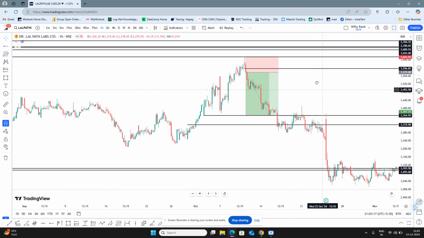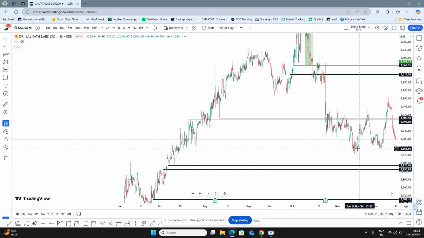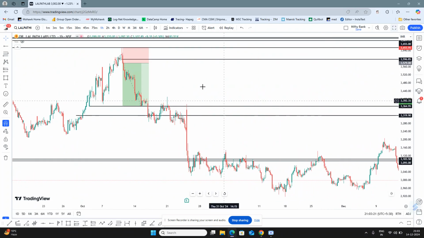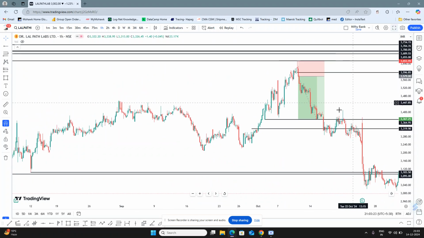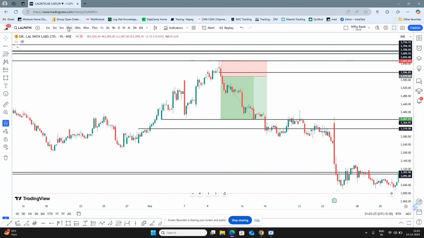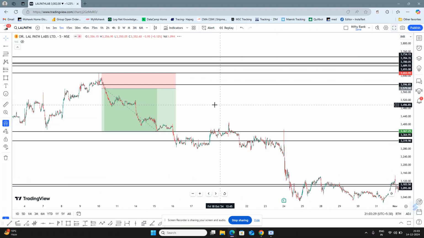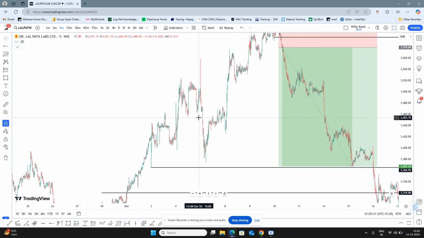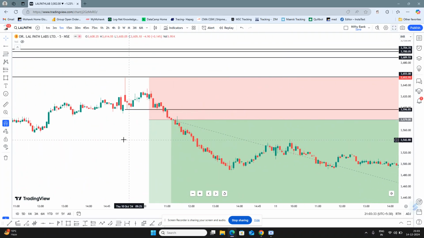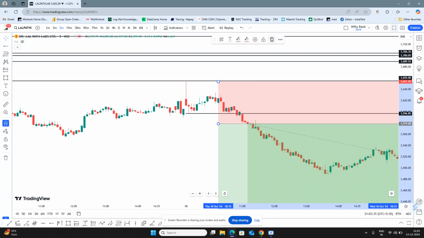Now see what prices are doing. They have reached from this point to this in a day only, and let's move to a small time frame also, right? If you are a specific intraday person, you will get opportunity for intraday also, which you can do, right?